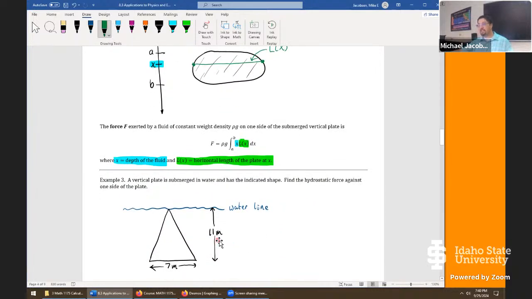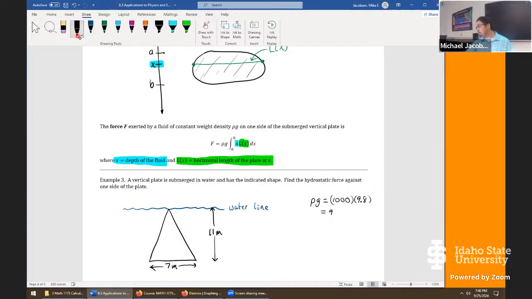Here we're dealing with meters, so let's first deal with units on this. If our unit is meters instead of feet, then rho times g is going to turn into, let's see, first it was 1,000 for the density, rho, then 9.8 meters per second squared for the acceleration due to gravity.